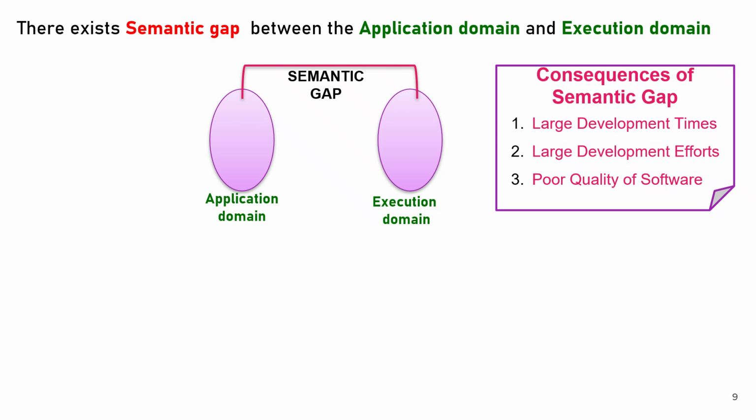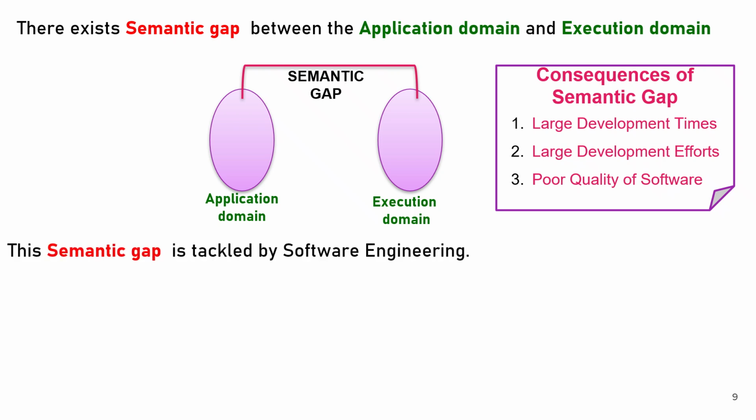I have two developers with me, one who is comfortable with Java and another who is comfortable with Python. अब दोनों को अगर मैं same problem statement दूँ, obviously the time taken by a Python developer will be less, the efforts of the Python developer will be less compared to the C developer, and the quality of the software obviously will differ. Similarly, एप्लीकेशन डोमेन और एग्जीक्यूशन डोमेन के गैप की वजह से जो सॉफ्टवेयर डेवलप होता है वो पुअर क्वालिटी का होता है. इसीलिए हमें लैंग्वेज प्रोसेसिंग एक्टिविटीज करने पड़ते हैं.